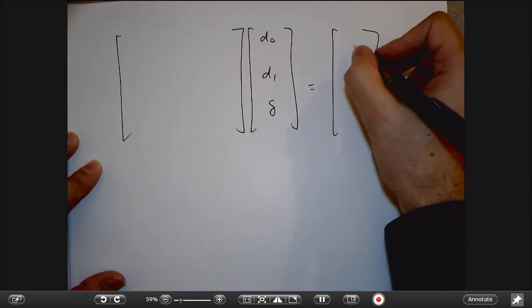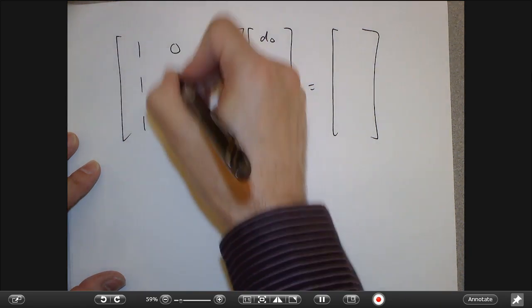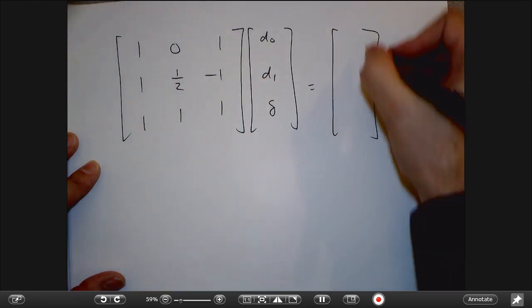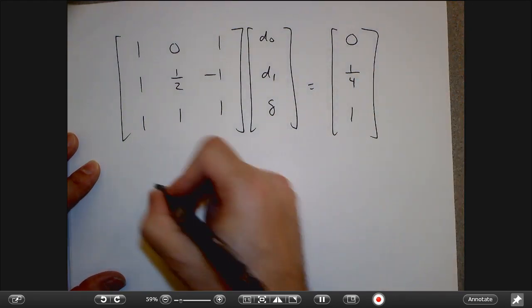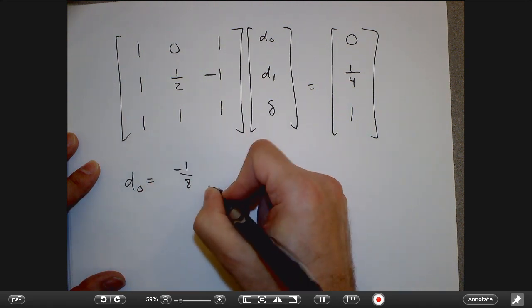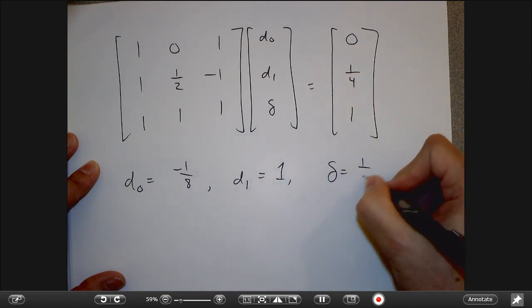My hypothesis is again going to be 0, 1/2, 1, where the error bounces back and forth like this. Then I have x squared is 0, 1/4, 1. I solve these equations, and I get d0 equals minus 1/8, d1 equals 1, delta equals 1/8.